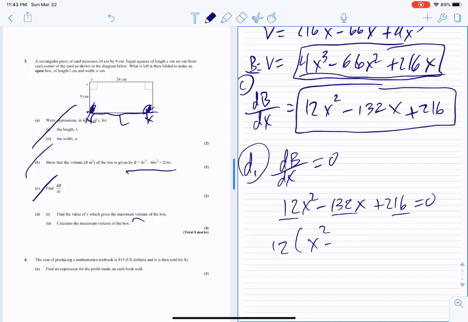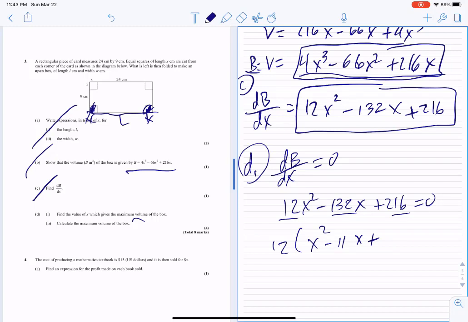It's going to be 11. And what is that going to be? 10. 240 would be 20.